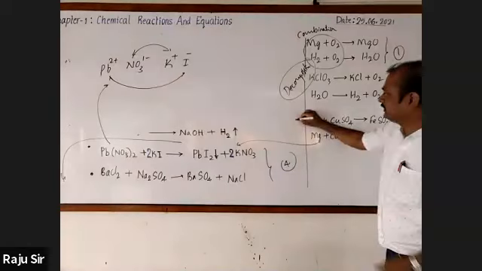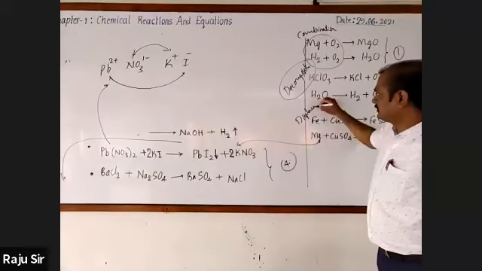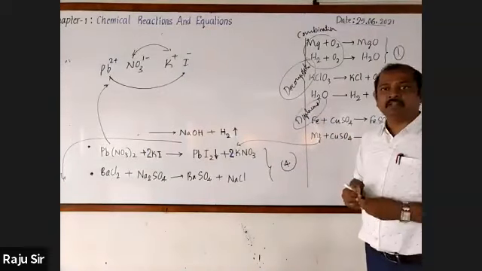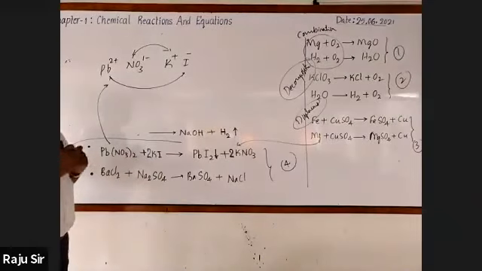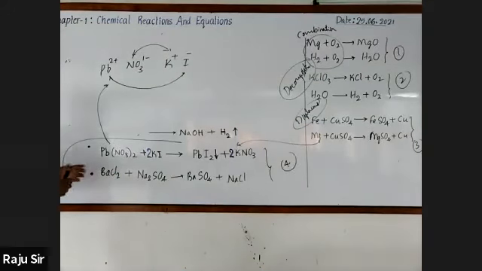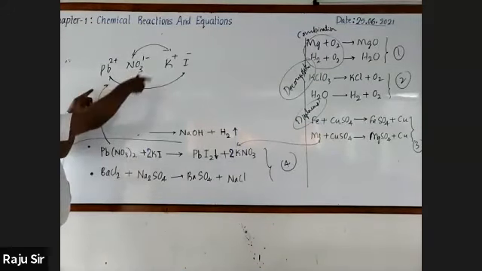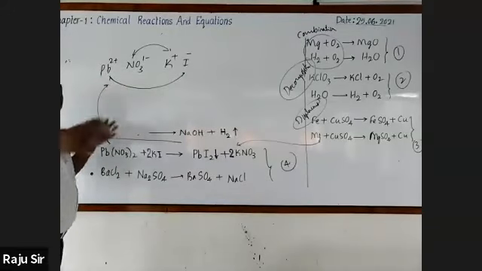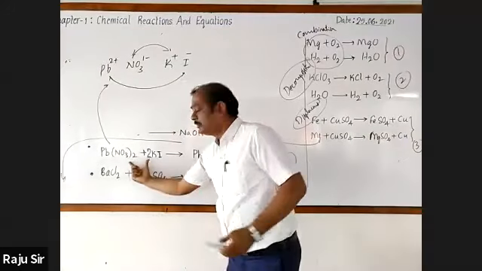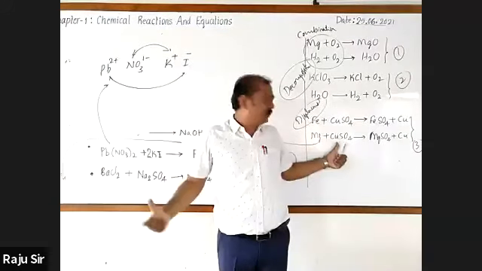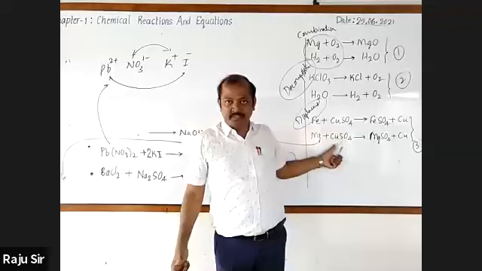So it is displaced. And double displacement. Are you sure? Yes, sir. Very good. Here the ions are exchanging. That means in the earlier case, only one element present in the compound was displaced.